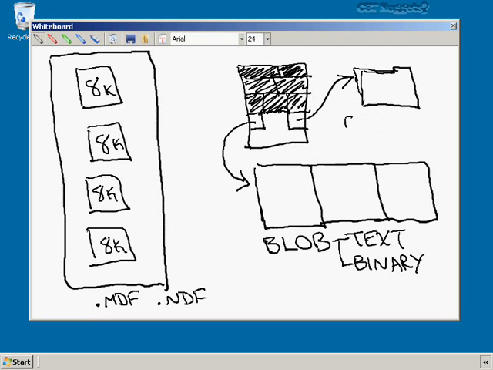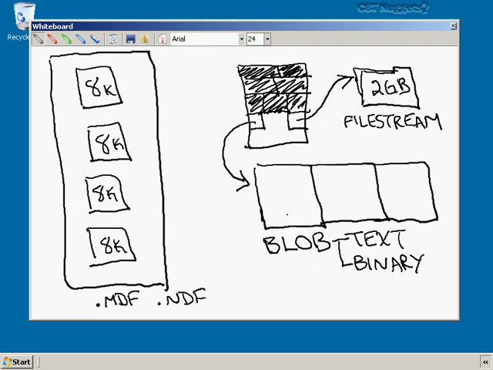This is called a file stream. And Microsoft created it because blobs aren't necessarily the most efficient way to store tons and tons of data. A file stream can be up to 2 gigabytes in size, and that's a lot. So it can either put a link inside the page, or it can all be linked out to this file.